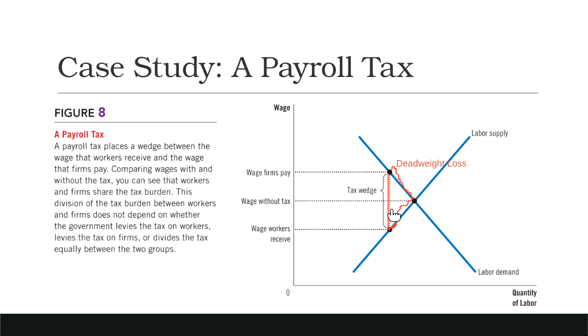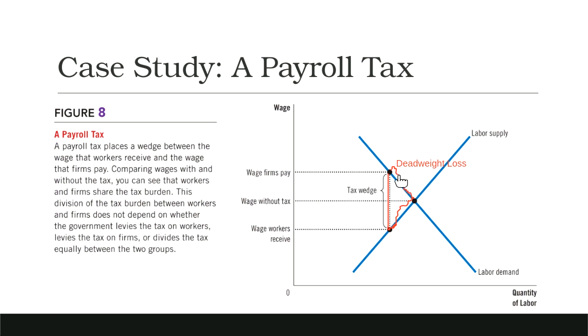Why is this deadweight loss? Because this little red triangle, this no longer is in the market. These transactions no longer occur. The reason why is because we don't hire this many people. So we demand fewer people, and fewer people are willing to work for the job. So that means we actually have lost a few people. We'll talk about the deeper significance of this later, but for now, just notice that we're losing this.